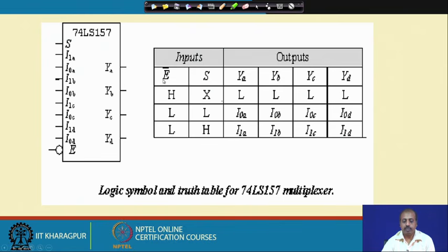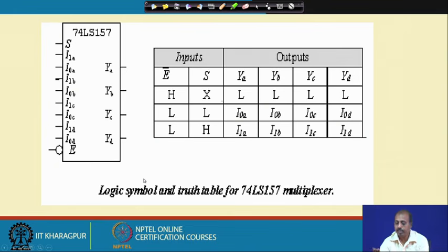However, if E bar is low, that is, active enable is given to 74157, then if the select line is low, in the YA output I will get I0A, in YB I will get I0B, in YC I0C and in YD I0D.